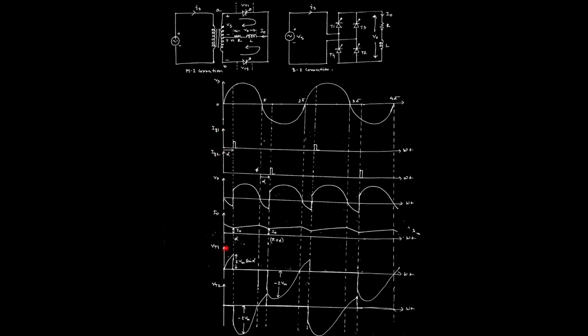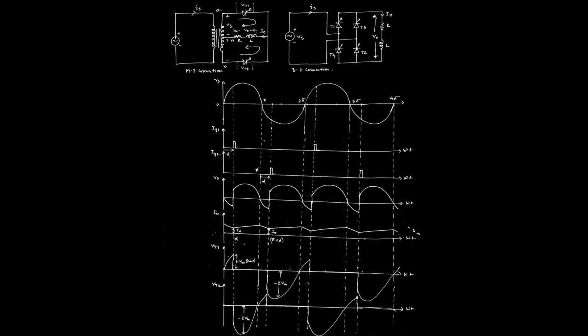Similarly, the terminal voltage axis can be replaced by VT1, VT2, and VT3, VT4. So there is a small difference between these two circuits, the M2 connection and the B2 connection. Apart from this, the other operation and the wave shapes of the output voltage, current, and input voltage, current are almost similar to each other.